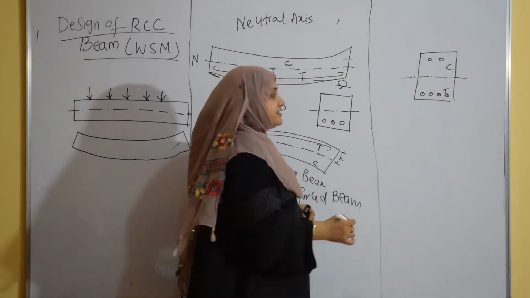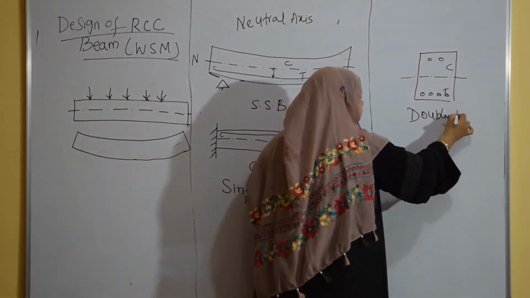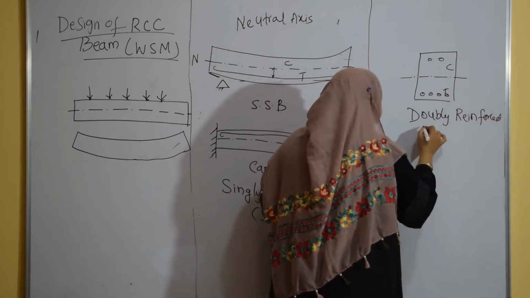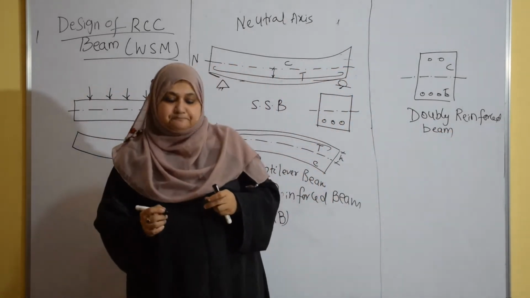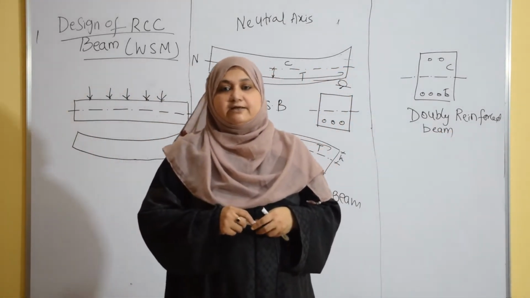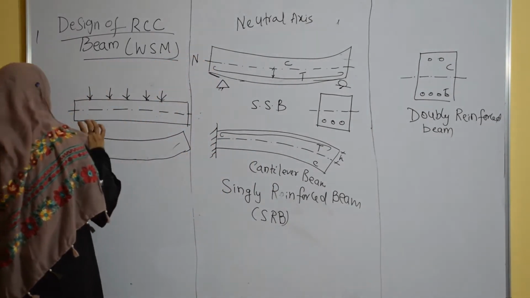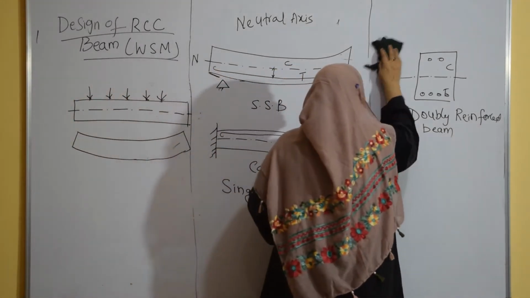Such beams are referred to as doubly reinforced beams. So these are the two types of beams. We will do singly reinforced beams first. I'll first draw how the singly reinforced beam will be and how the stresses will be developed.